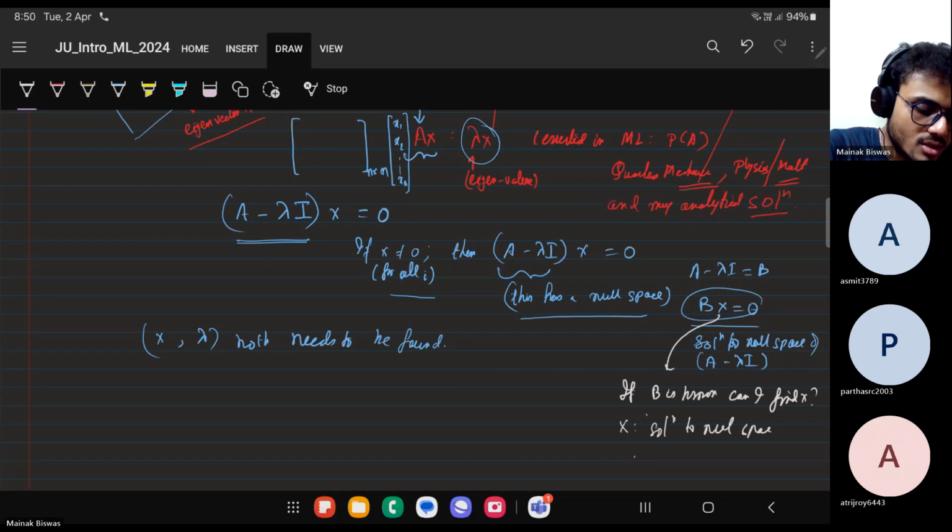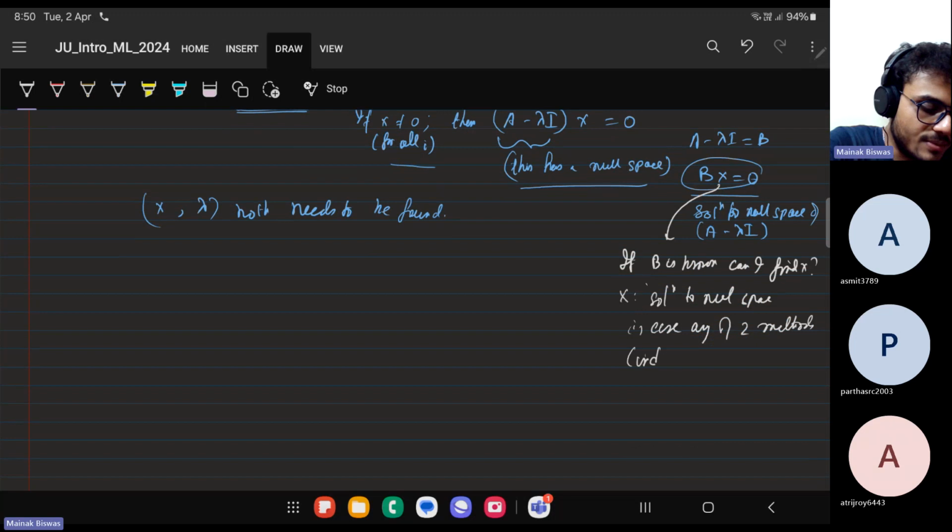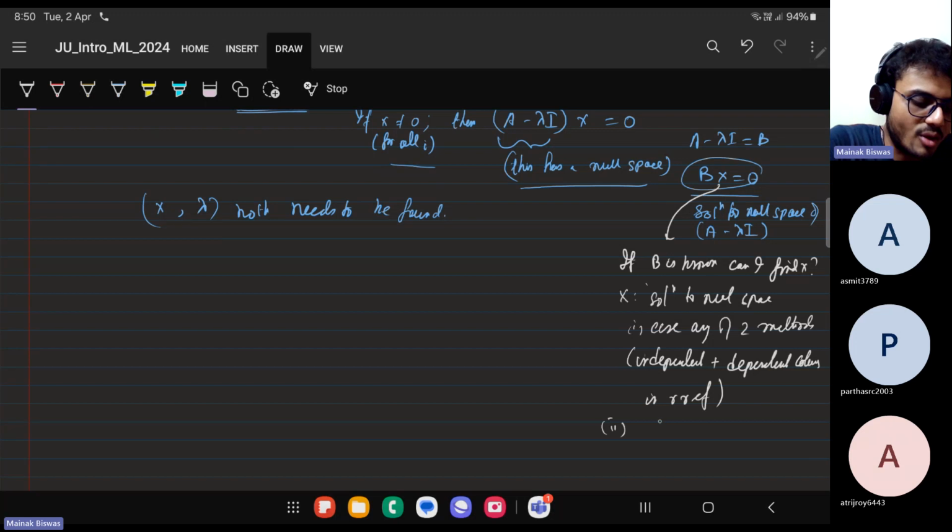Use any of the two methods we have seen: independent plus dependent columns in row reduced echelon form, and number two, augmented matrix plus elimination.